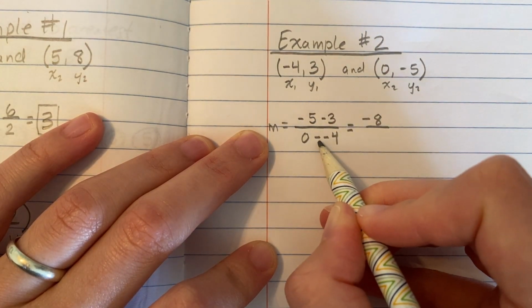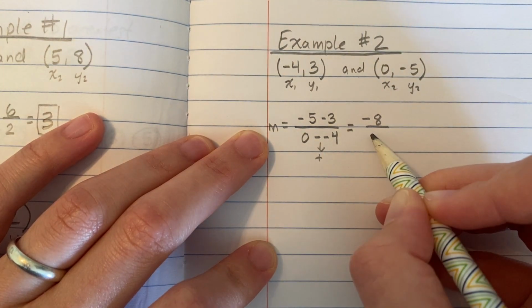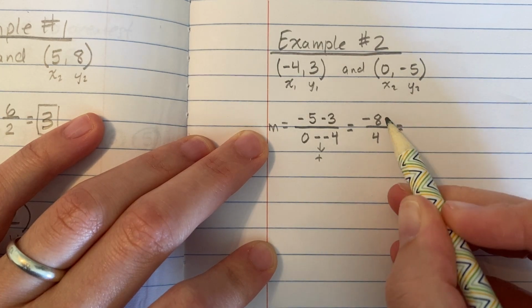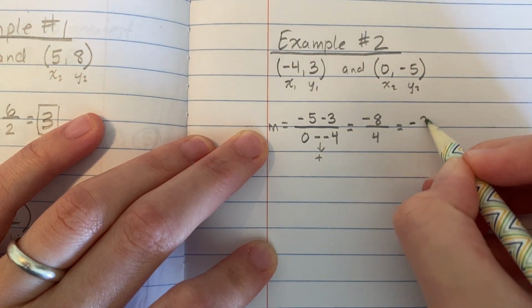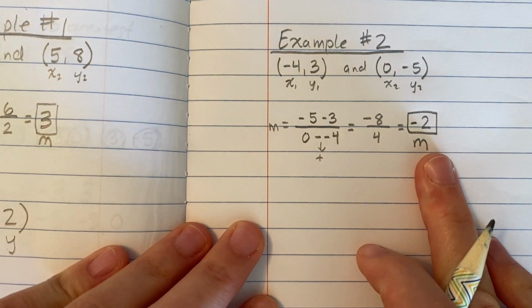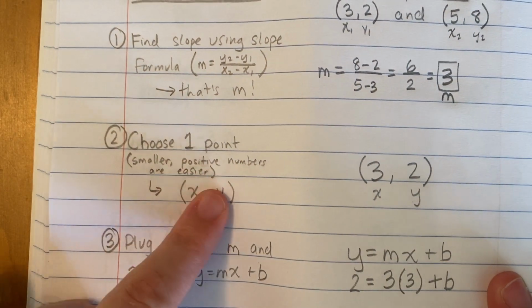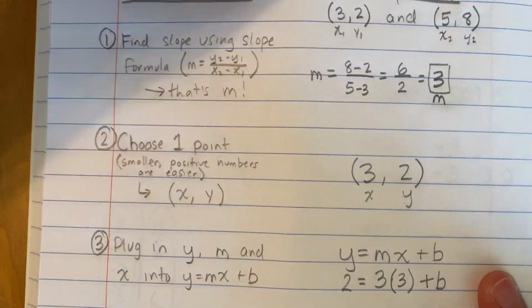This becomes, 2 negatives right next to each other become plus, so that's 0 plus 4, that's 4. That's negative 8 divided by 4, so that simplifies to negative 2. So this is my slope. I'm going to write m underneath it, just so that it's easy for me to find. Now my next step is to choose one point. Now I'm looking for smaller positive numbers.